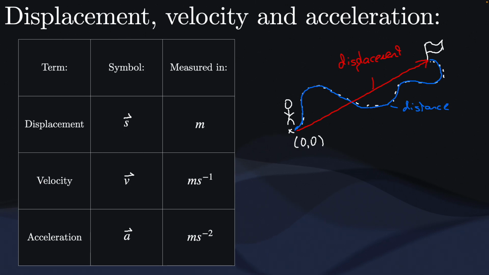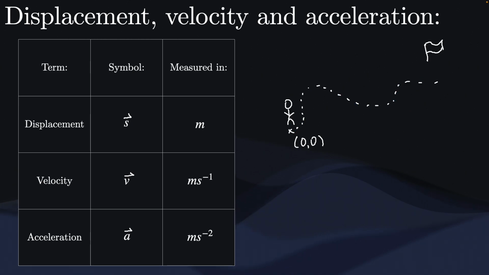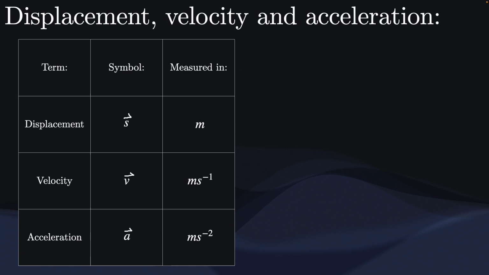It went from there to there. But distance is just the value of actually how far they've gone. So here, let me just remove all this because it's kind of in the way. There you go. Right, so we know what distance is, and distance and displacement are both measured in meters. That's really important.